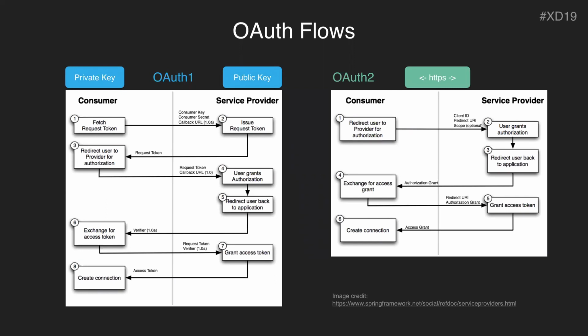Under OAuth 2, HTTPS is the underlying certificate on which it resides, and the user gives an authorization grant and then you get an access grant.